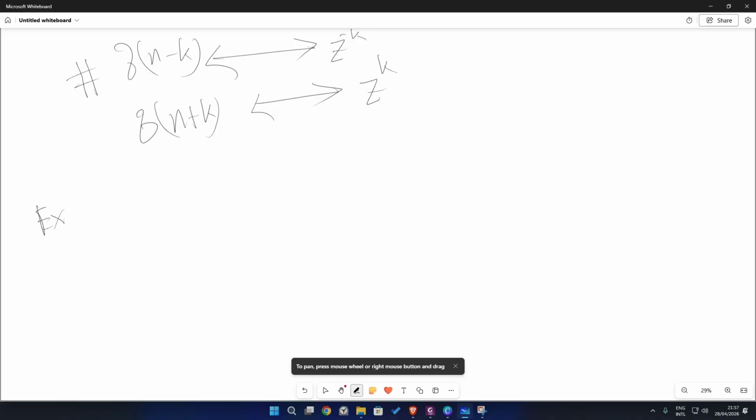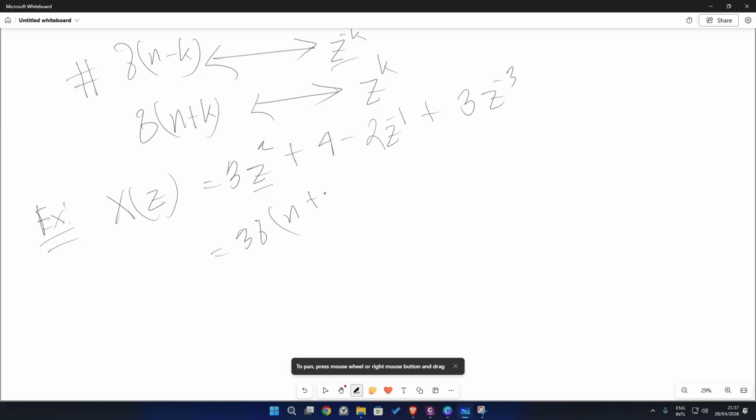If you take an example, X(z) equals 3z squared plus 4 minus 2z inverse plus 3z inverse 3. So this and this is familiar and similar also. The value of minus k is 2, so k equals minus 2. So simply you can write delta[n plus 2], and it is z to the power 0 if you consider it z to the power 0.